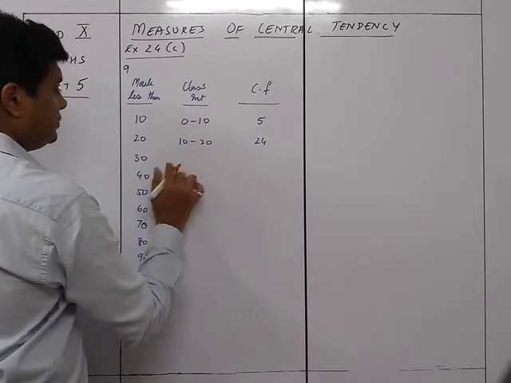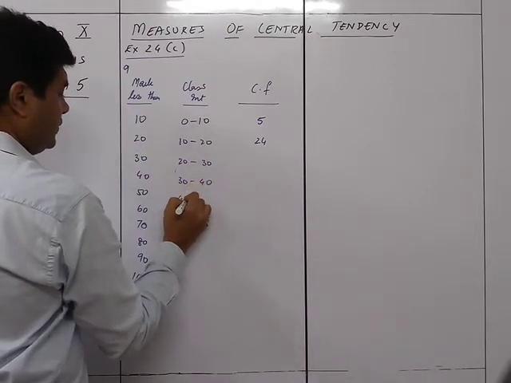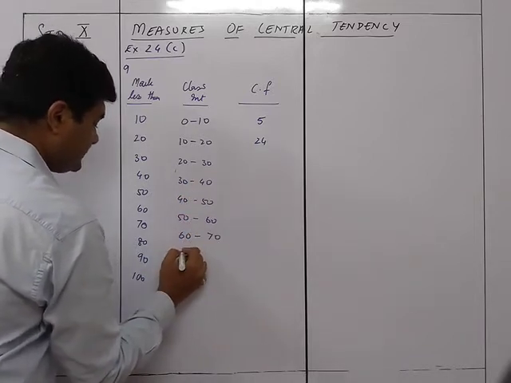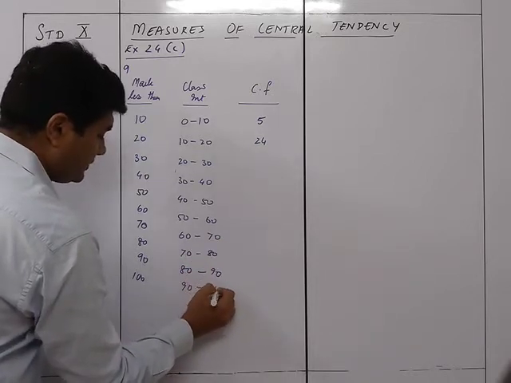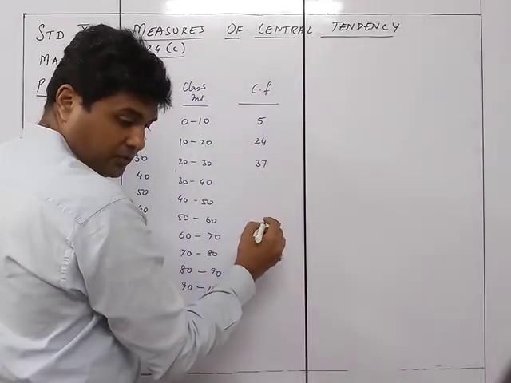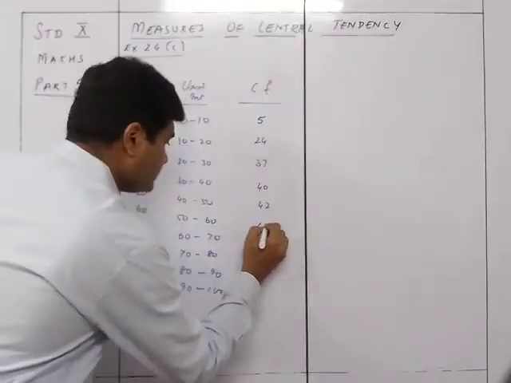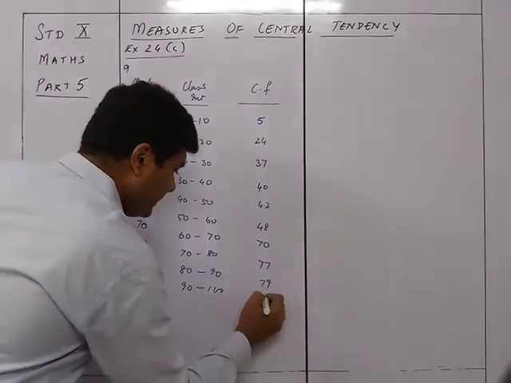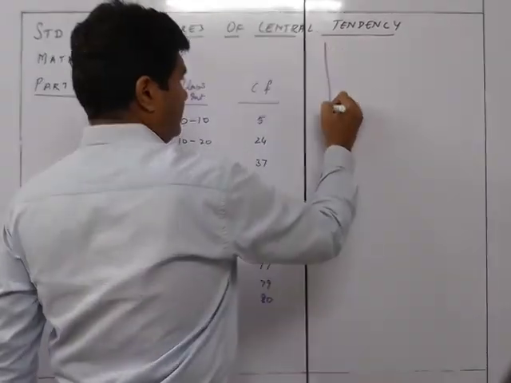So here it is going to be 20 to 30, 30 to 40, 40 to 50, 50 to 60, 60 to 70, 70 to 80, 80 to 90 and 90 to 100. The cumulative frequencies are 5, 24, 37, 40, 42, 48, 70, 72, 77, 79, 80. Okay. So we plot the graph.